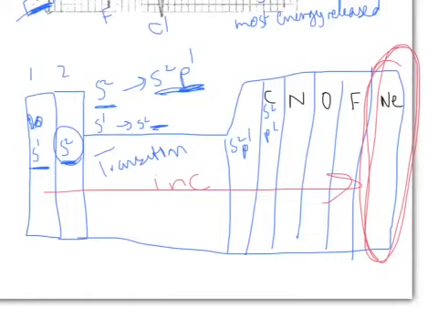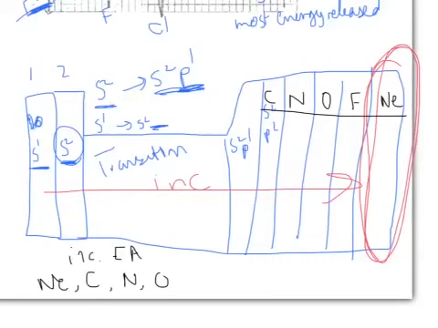So let's say that I tell you, hey, please rank these elements in order of increasing electron affinity. The correct ranking would be neon, then carbon, then nitrogen, then oxygen, then fluorine.